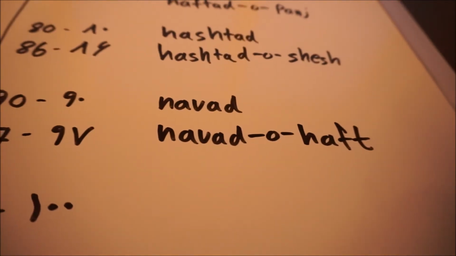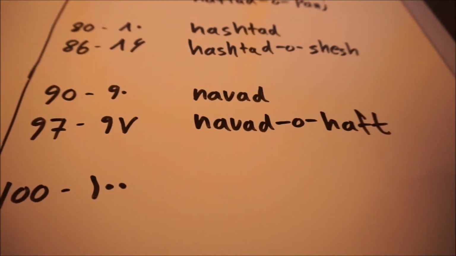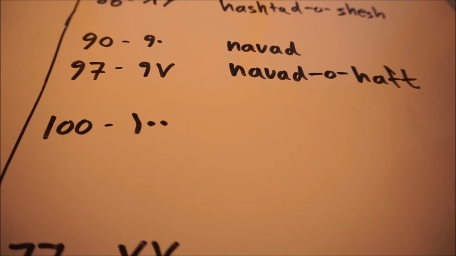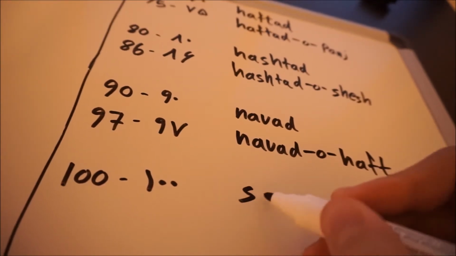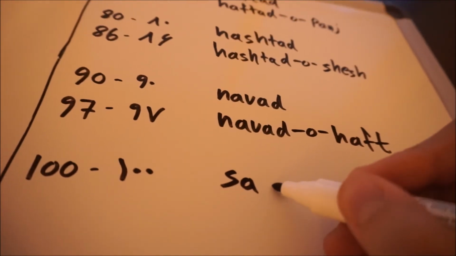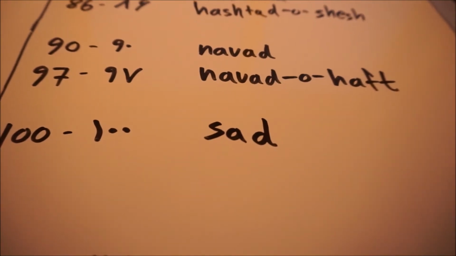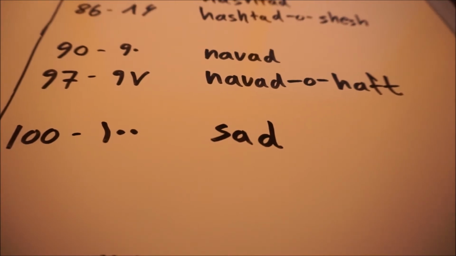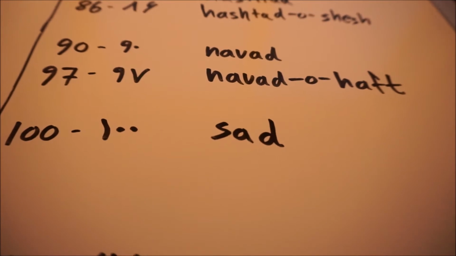So navat o haft for 97, sorry. And that's it. And then we reach the conclusion here, which is number 100. And number 100 is called sad. So spelled just like "sad" in English, but pronounced slightly different. Like sad. You can tell the difference between the two.